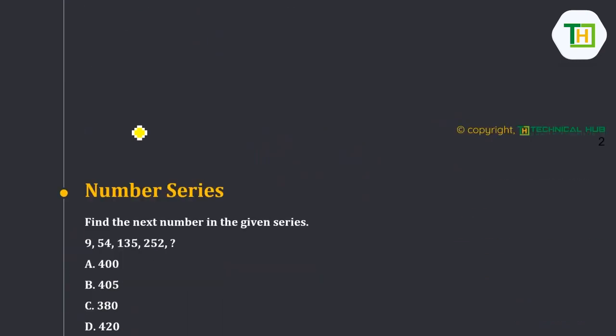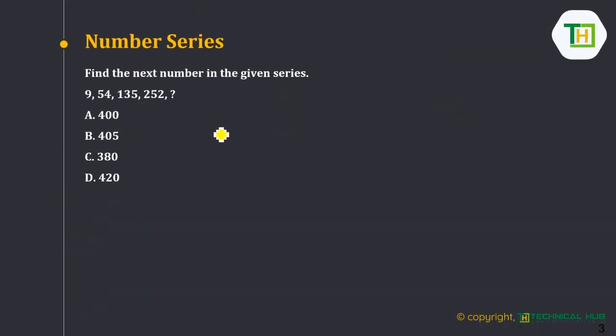Find the next number in the given series. This bit is already explained in the previous class. What is the logic here? Simply, the sum of the digits is 9. The single digit is 9.